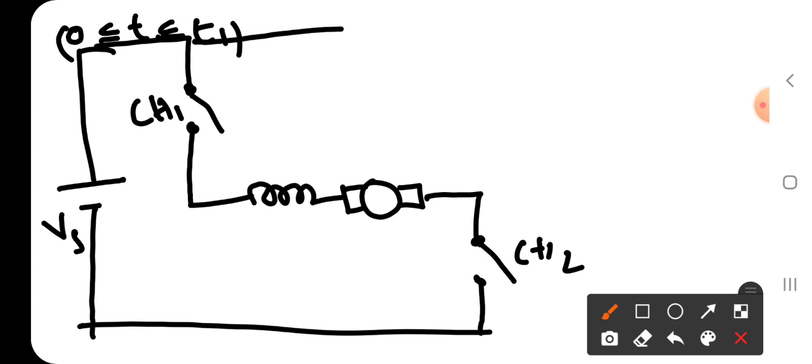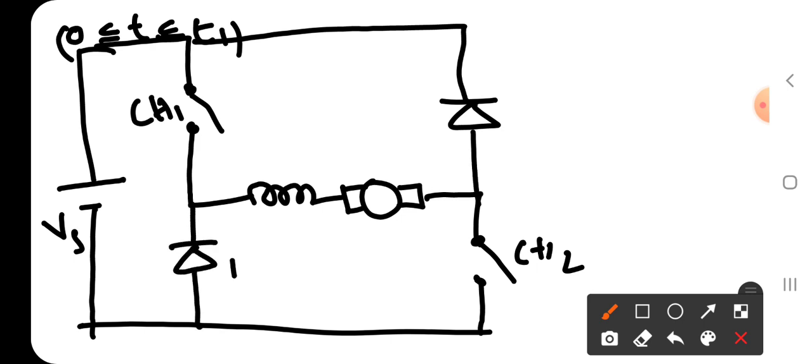One more thing: this is a diode and this is also a diode, D1 and D2. Here it is V0, or VA.